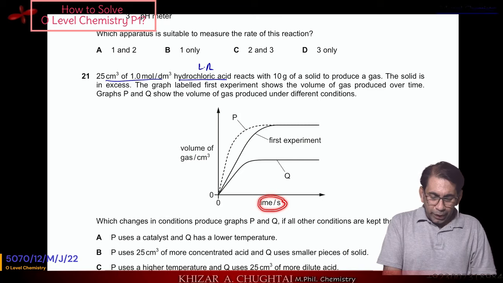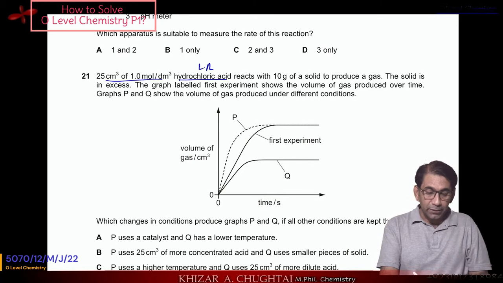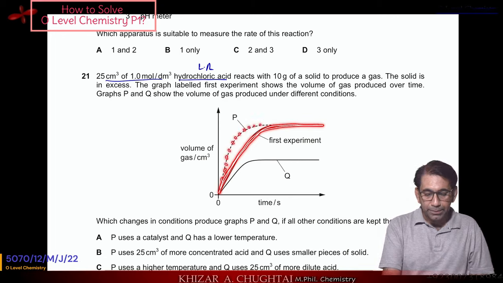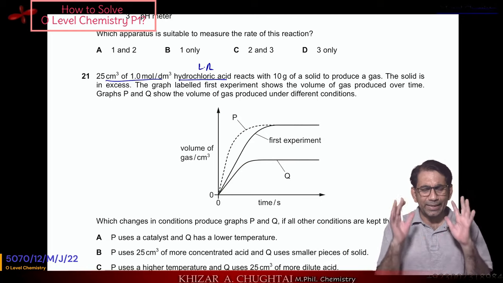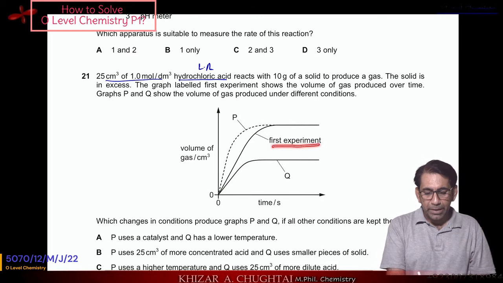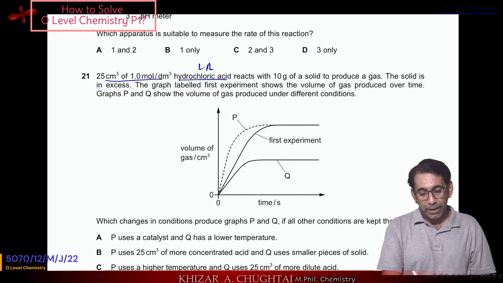Here we are going to plot time on the x-axis. Here is the line for the first experiment, a dashed line for experiment P, and another dark line for experiment Q. So they are basically three different experiments.